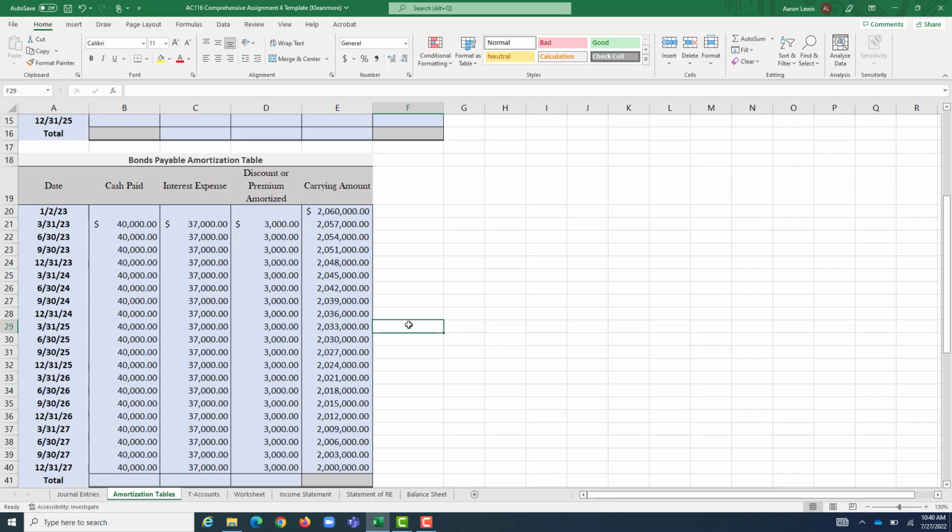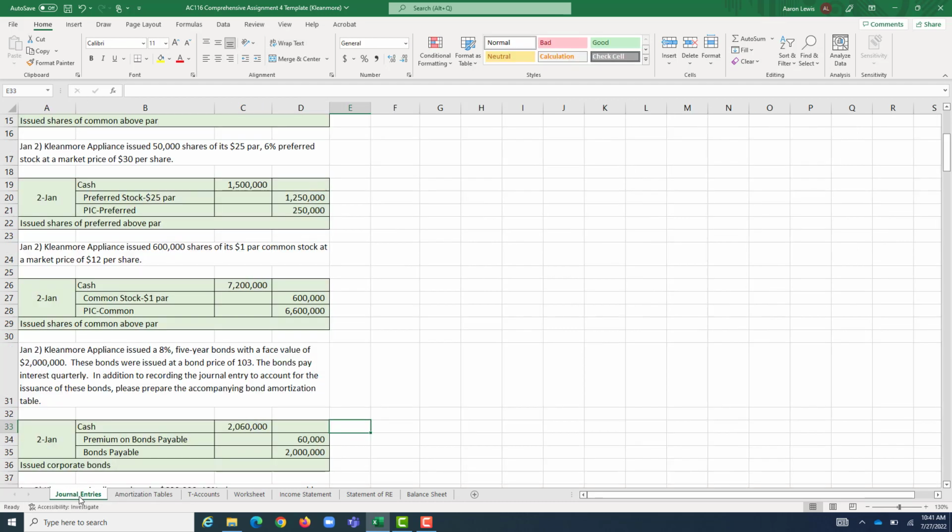All right, so everything's set up, but we're going to ask ourselves, are these numbers correct? And you can find that out in several different ways, but the big one is right here. When you get to the bottom of bonds payable, assuming you're doing it for the entire life of the bond, which we are here because it's a 5-year bond and we're keeping track of all of 23, 24, 25, 26, and 27, we should have a carrying amount equal to face value at the end.